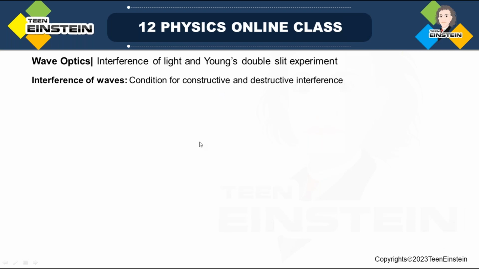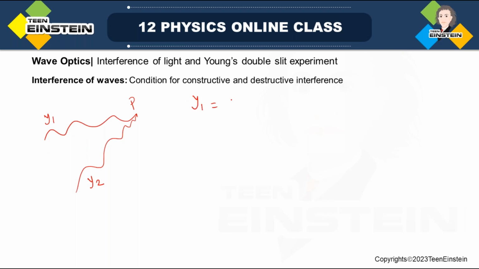Let us start then. Let us suppose there are two interfering waves, meeting at some point P, and suppose this wave has a displacement y1 and this has y2, and they maintain a constant phase relationship phi. So how can we write those?